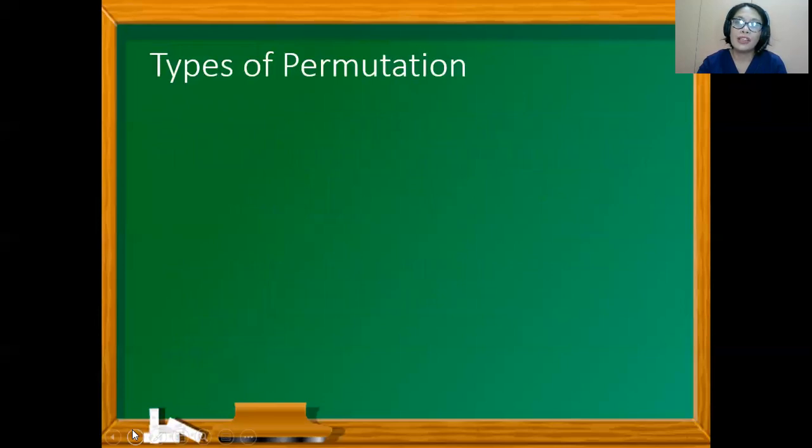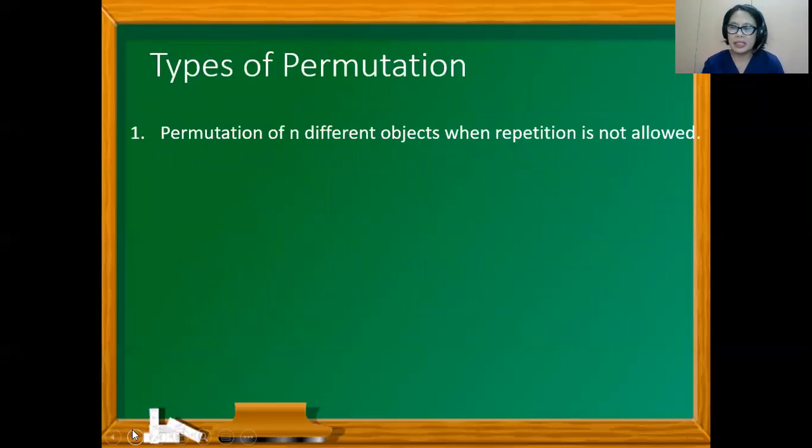There are different types of permutation. One is permutation of n different objects when repetition is not allowed.